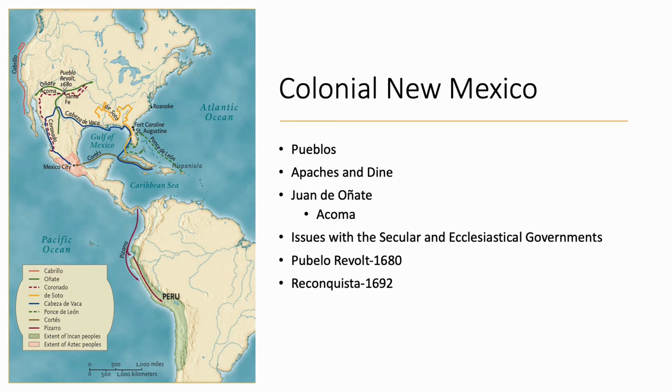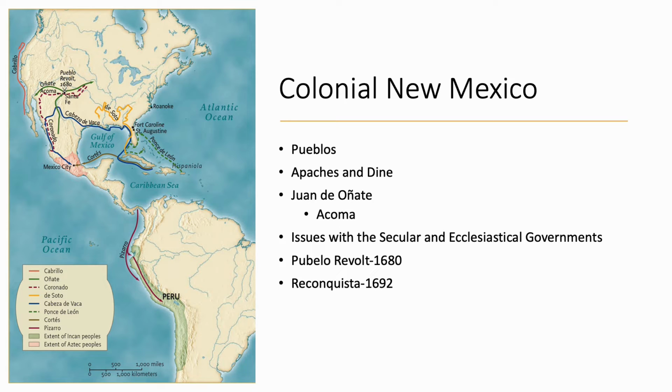Now, in 1598, actually in 1596, Juan Oñate, who was the son of one of the original founders or discoverers of the silver lode in Zacatecas, gets permission from the viceroy to lead an expedition into what is now New Mexico, to colonize it, to settle it, and to convert the natives to Christianity.